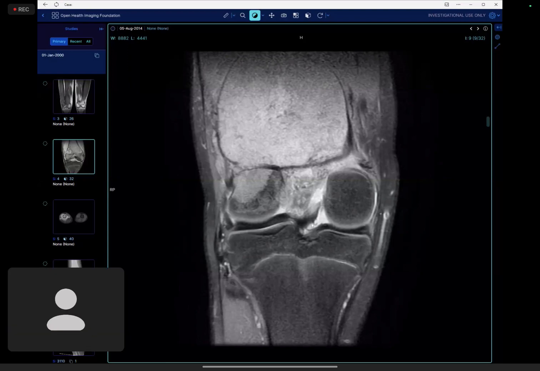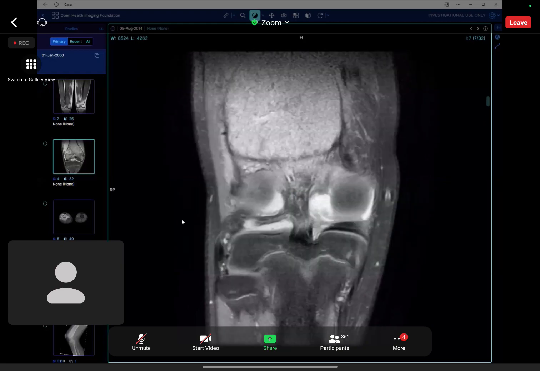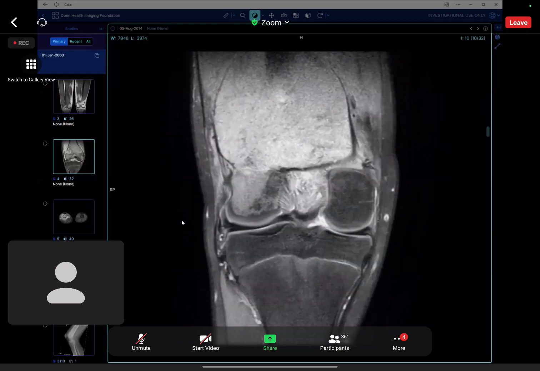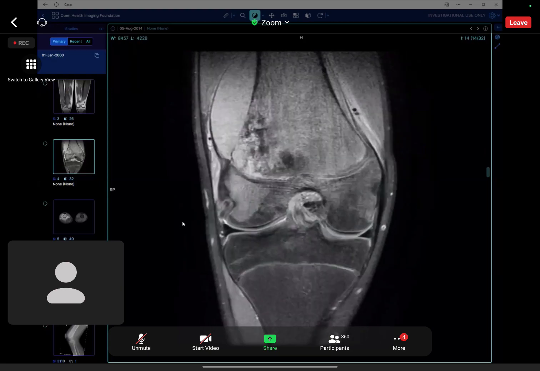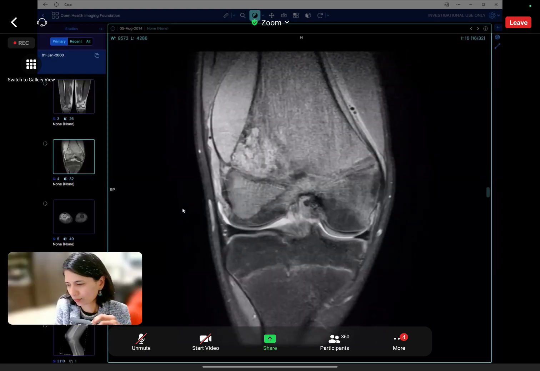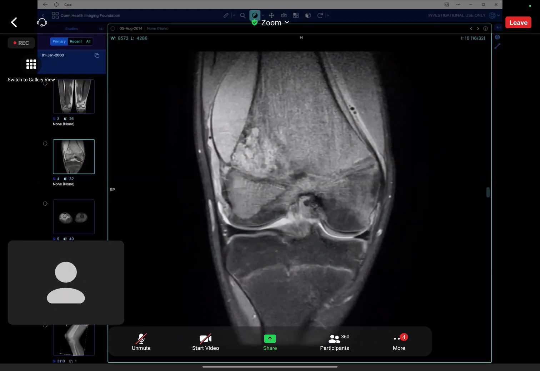I can now see an abnormality, a bony lesion in the distal femur. It's this heterogeneous high signal. It's lobulated. There's thinning of the cortex.